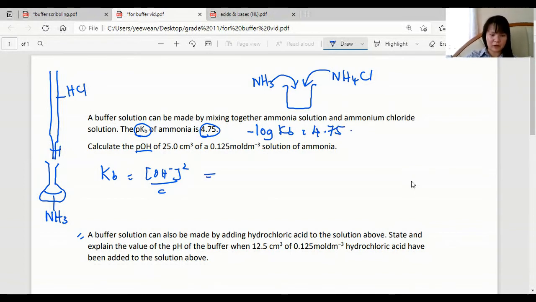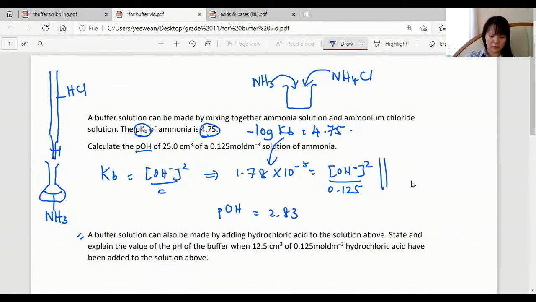So put the Kb value here, equals [OH⁻] squared over the concentration, which is 0.125. Okay, so I'm going to jump straight to the answer. pOH equals 2.83. Somewhere here you will get that the concentration of OH⁻ is 1.49, so negative log that, you will get this.